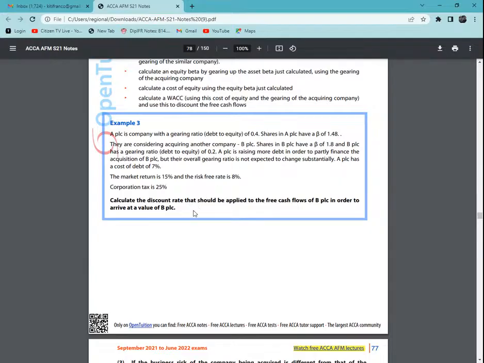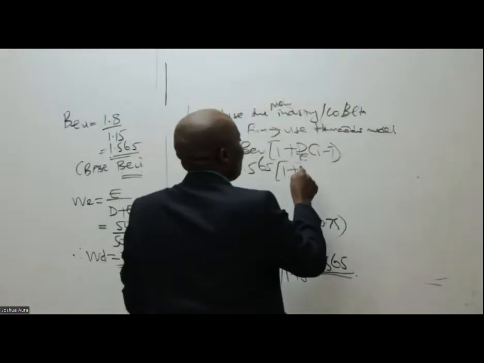Down here, what will be the WACC if the firm is entirely financed by equity? So I know debt there is 0, equity is 100%. Here, they never gave us any more information in the question, so we shall go back to this company A, whose debt to equity now is 0.4. So we put 0.4 here.